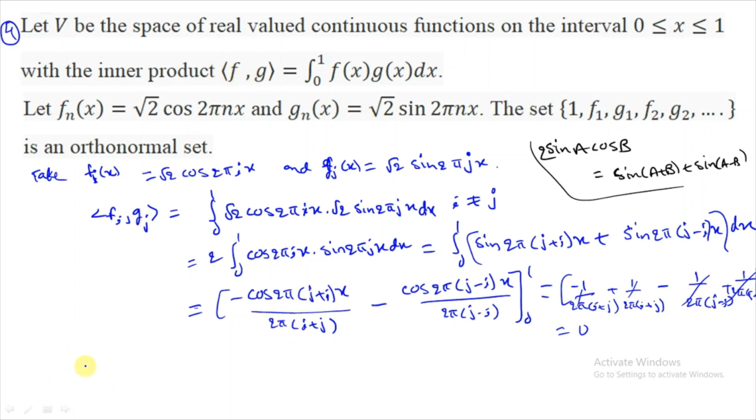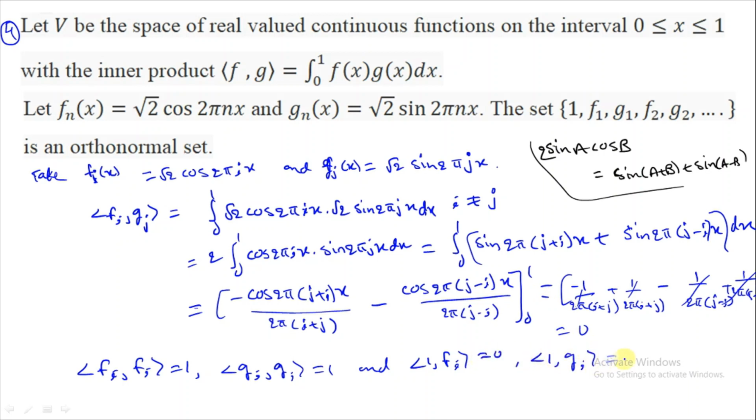Using the same procedure, you can check that f_i with f_i gives 1, and g_i with g_i also gives 1. The constant 1 with any f_i gives 0, and 1 with g_i is also 0. If any doubt, you can check it. And what about the inner product of 1 with 1? It is 1.